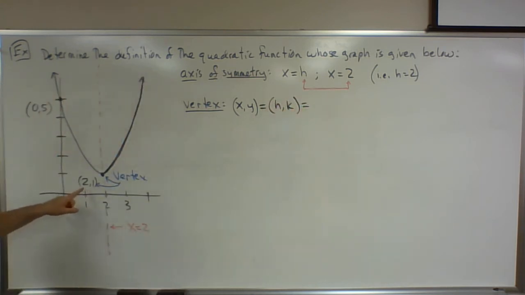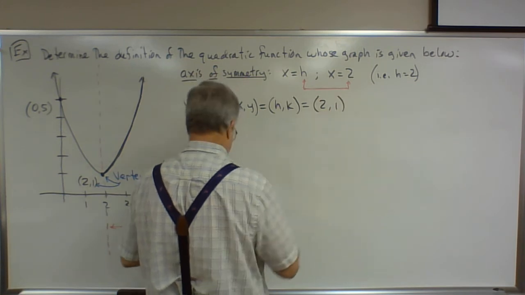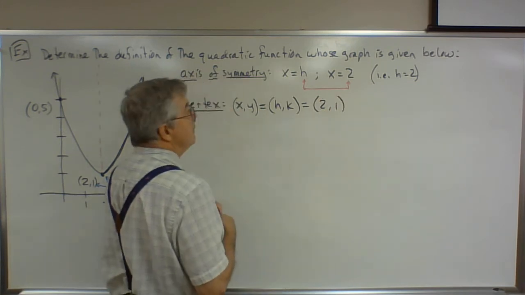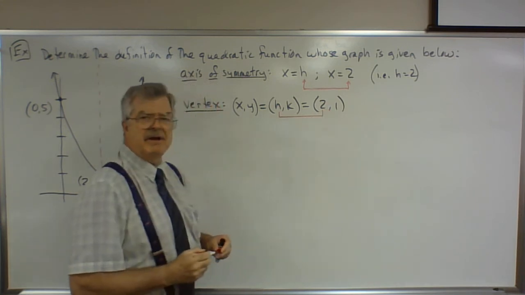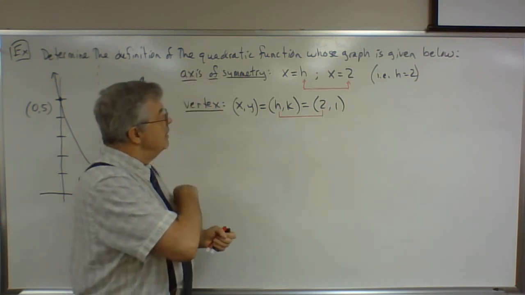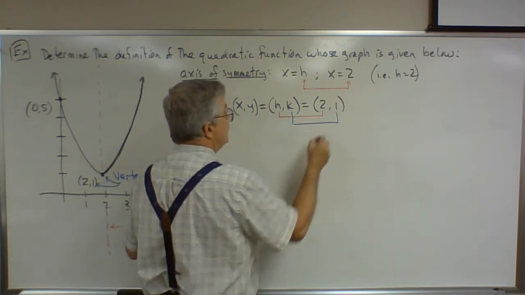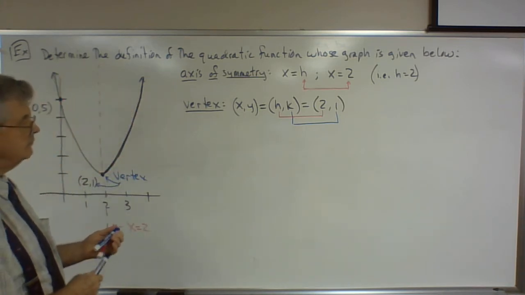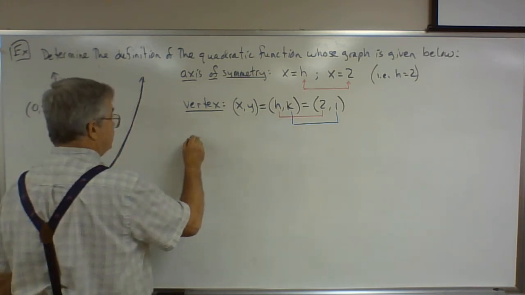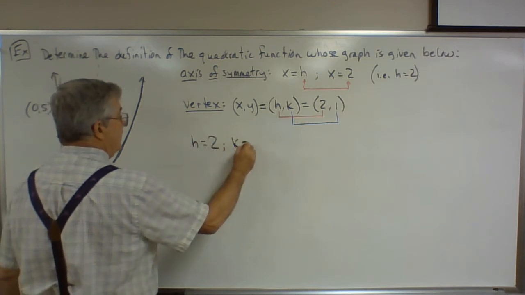And in this case, that's x equals 2, y equals 1. So we have h equals 2, and we already knew that, didn't we? But we also have k equals 1. h equals 2, k equals 1.